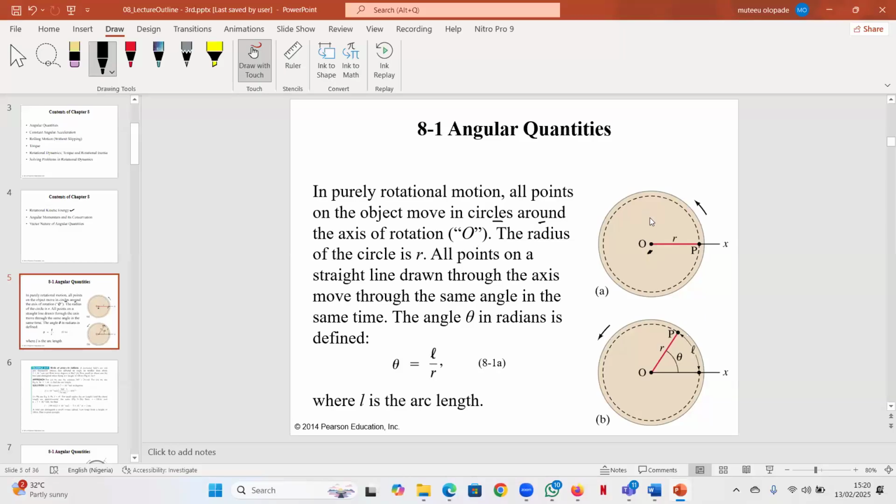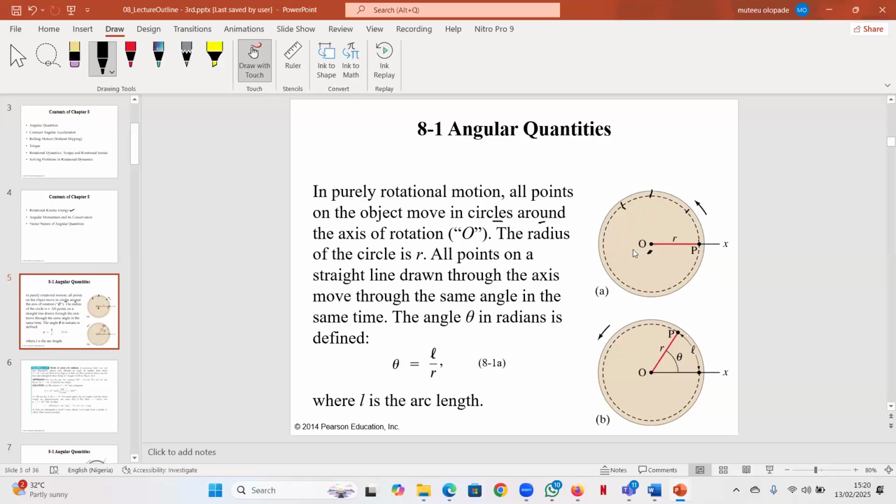All points on the object move in a circle, and the radius of the circle is given as r. All points on a straight line drawn through the axis move through the same angle. So if you move from here to here, they will surely cover the same angle.